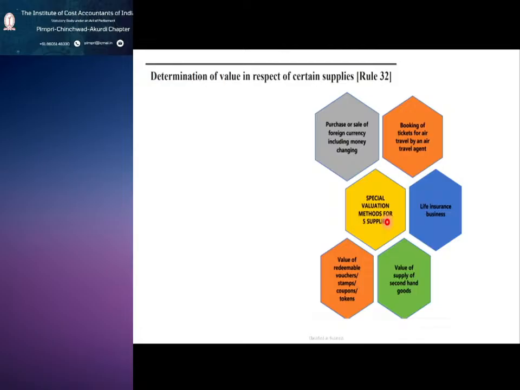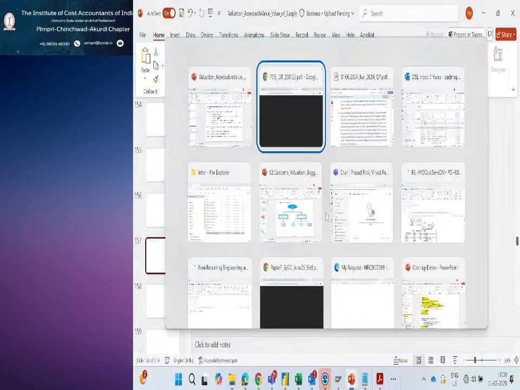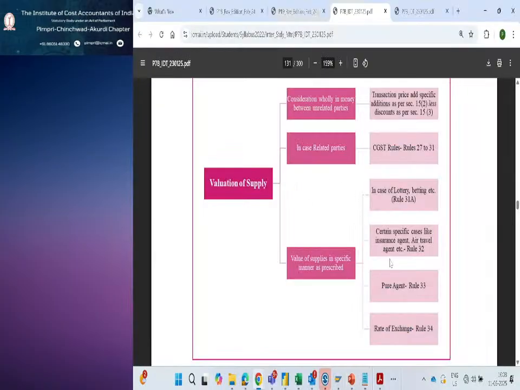These are special valuation methods for these five supplies: lottery, betting, certain specific cases like insurance, air travel, pure agent, rate of exchange.